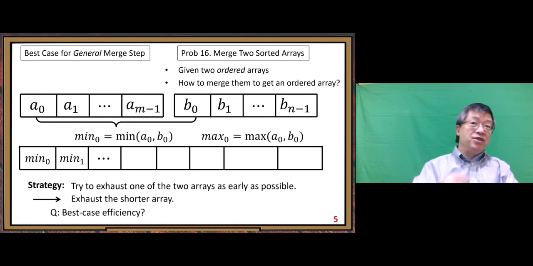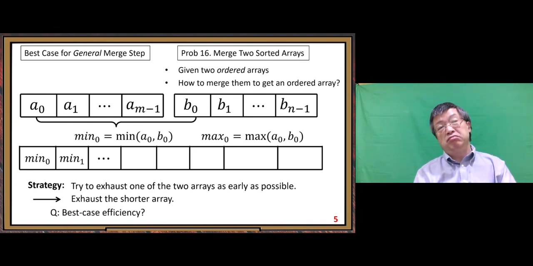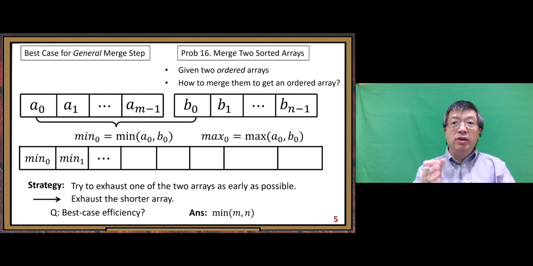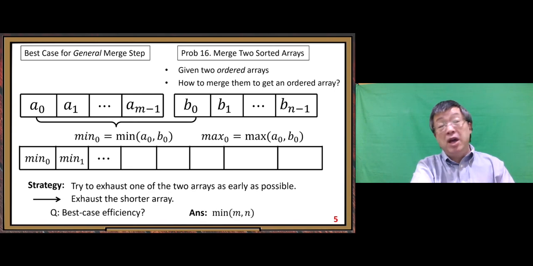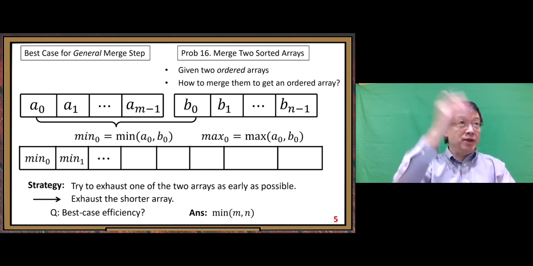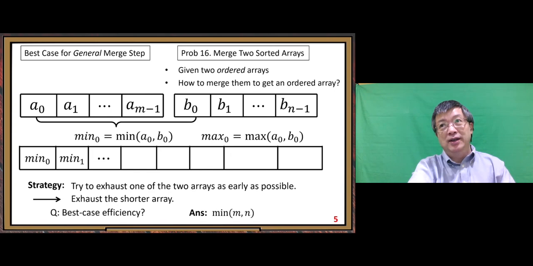So now we need to answer the best case efficiency. Our final answer. Easy. The minimum of m and n. Minimum of m and n. That's the best case. All right. So that's it. That's the merge step.